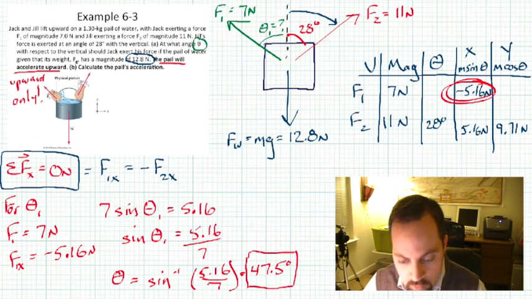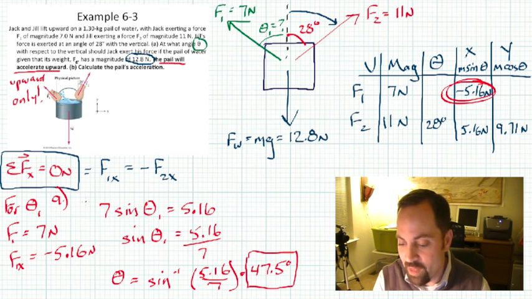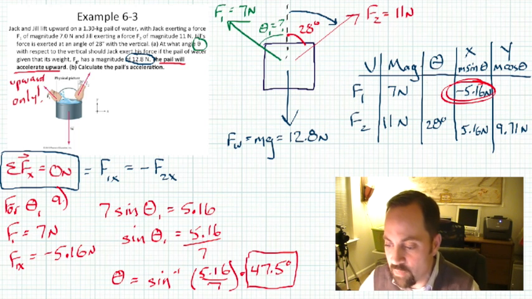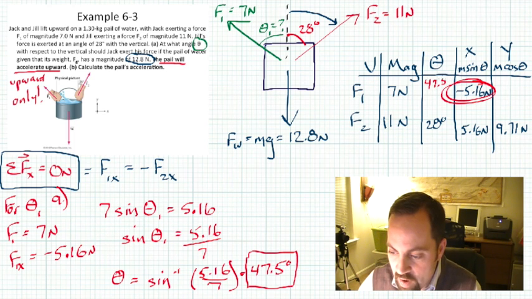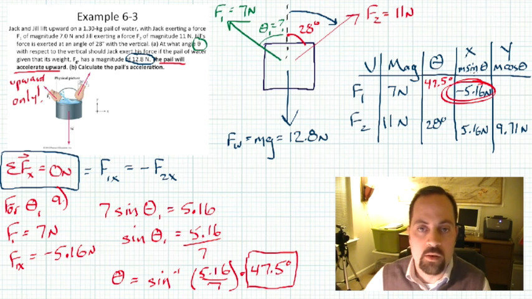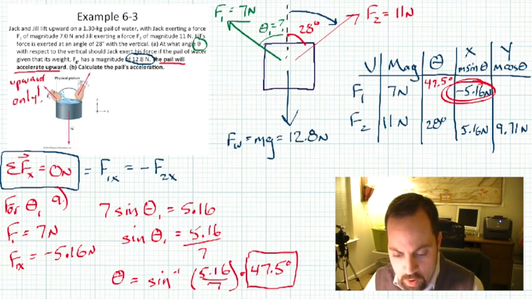In fact, I should have written A here, and I'll just put A right there. Okay? This is all part A. We're finding that angle. That's the angle that has to be right there, 47.5 degrees that force 1 exists at. Okay? Well, great.